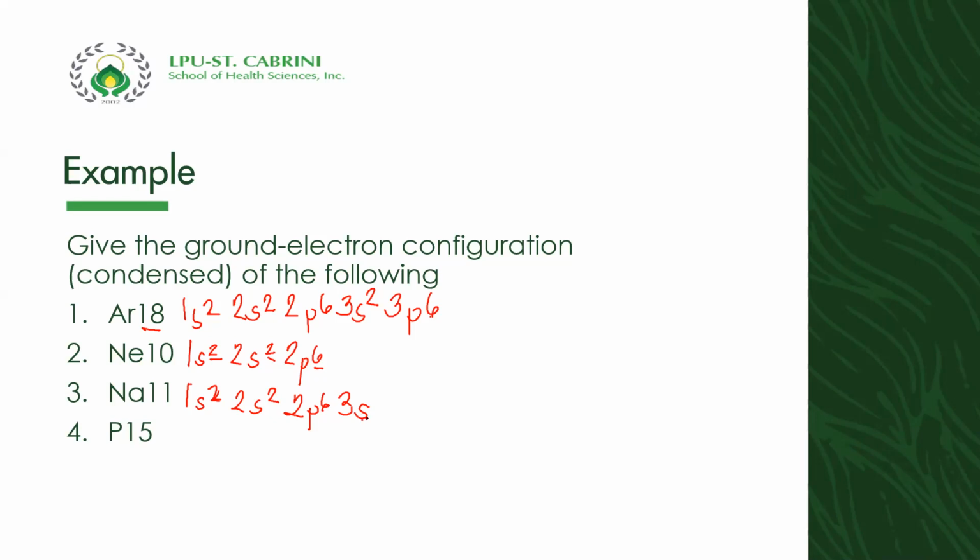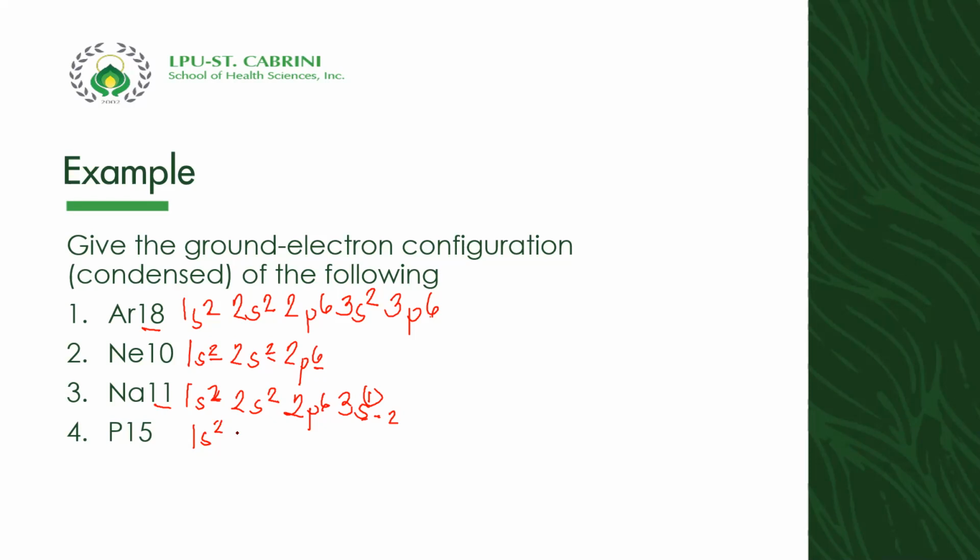Remember that S can hold up to 2 electrons. But if you have to cut it, then just simply give it 1 electron so that we will satisfy what is the need. 1s2, 2s2, 2p6, 3s1.